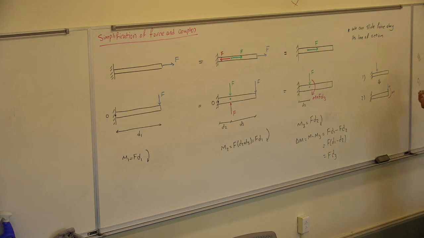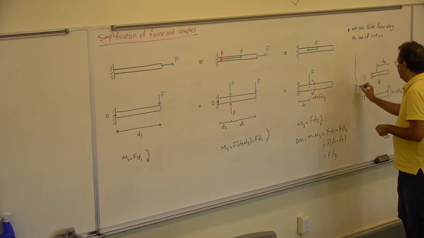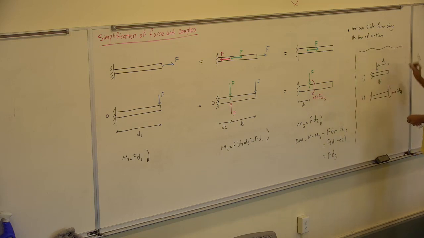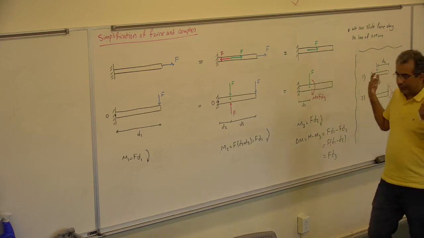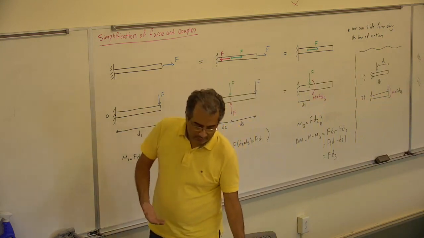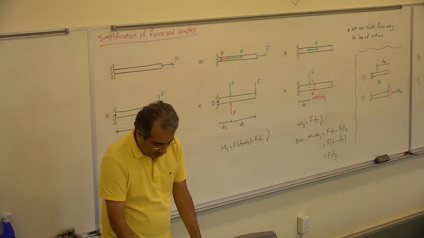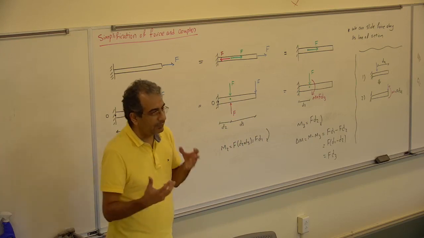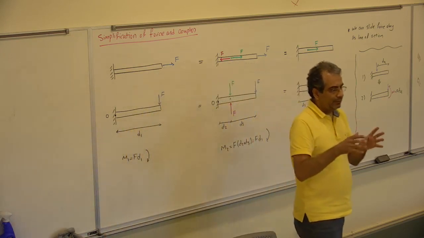If the distance between these two is d4, I have to add M equals F d4 to compensate for the moment I generated. So the entire idea is like that. If you are moving the force around, you have to make sure that you compensate for the amount of moment you either decrease or increase by moving it around.